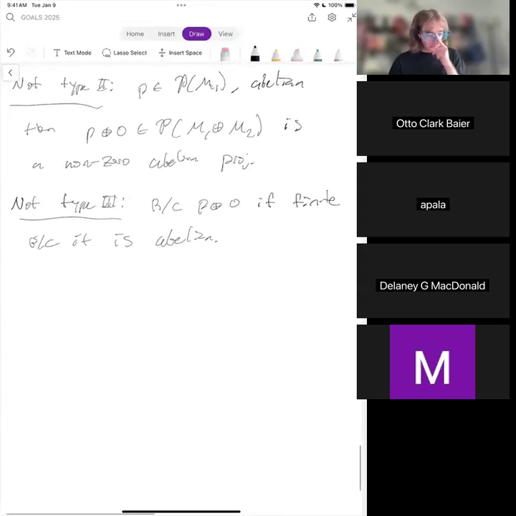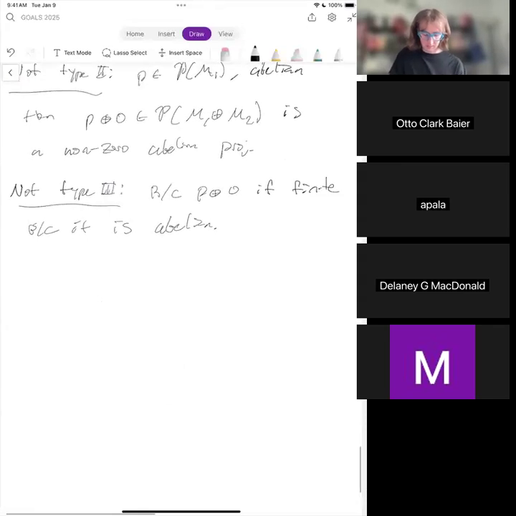However, take Z1 to equal (1, 0) and Z2 to equal (0, 1).